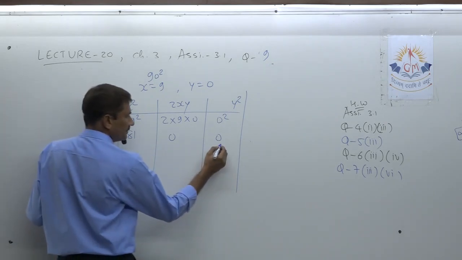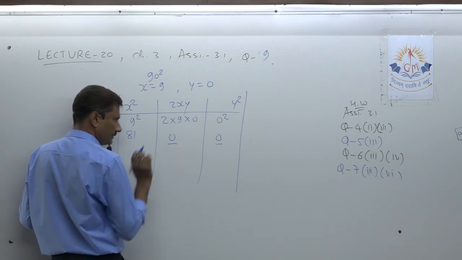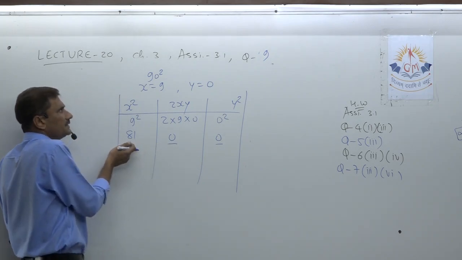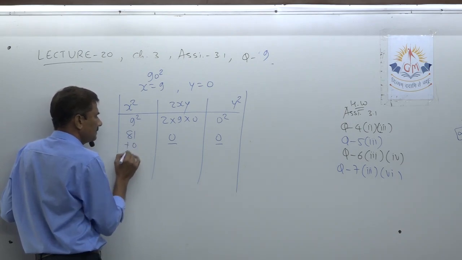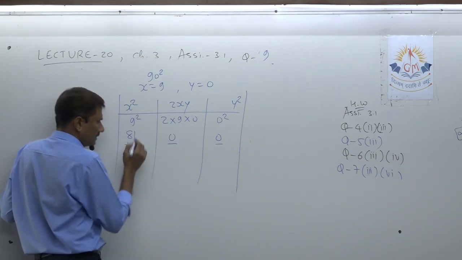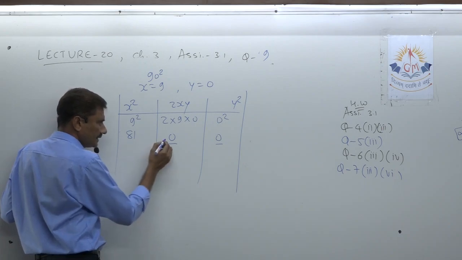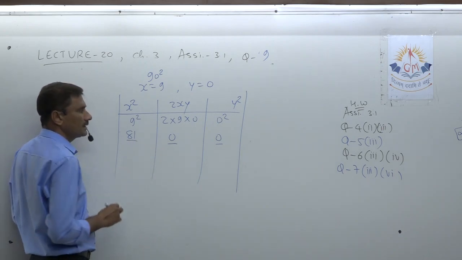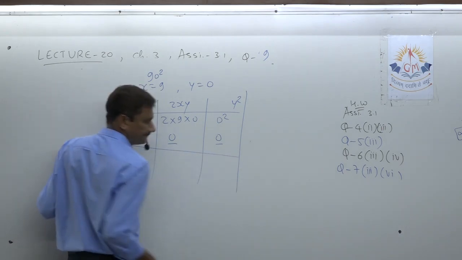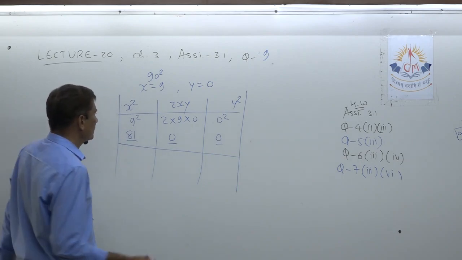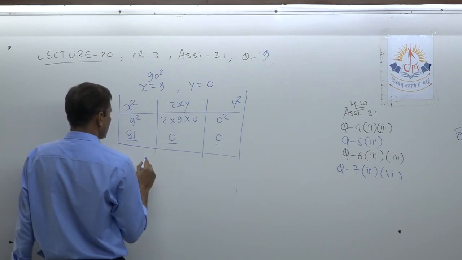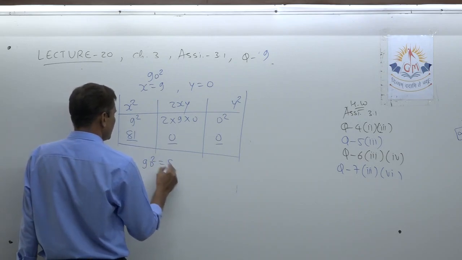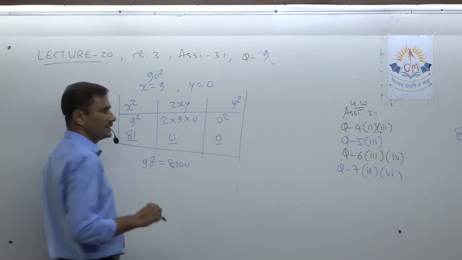So underline the unit digit, only 1, add 0, which means nothing here. Otherwise no need, because the tens digit is not there, just underline. So over. So you got how many underlined digits here? 8100. So 90 square is equal to 8100.